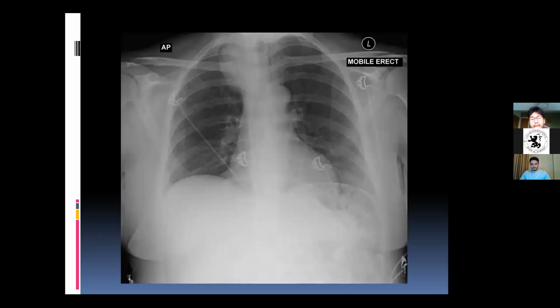So in this X-ray, what can you see? Tell me where the actual deviation is and why there is a deviation that you can see here. First of all, is there a deviation?